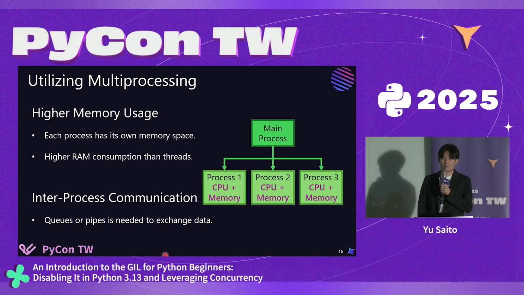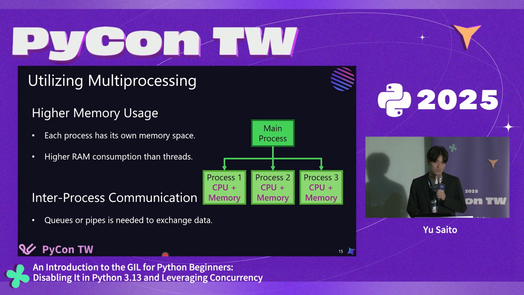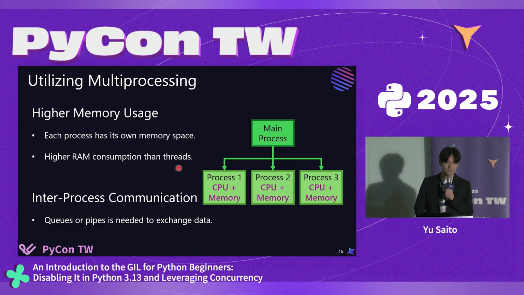Although multiprocessing is good for speed improvement in CPU-bound processing, it also has a demerit. Memory usage and inter-process communication costs are high.